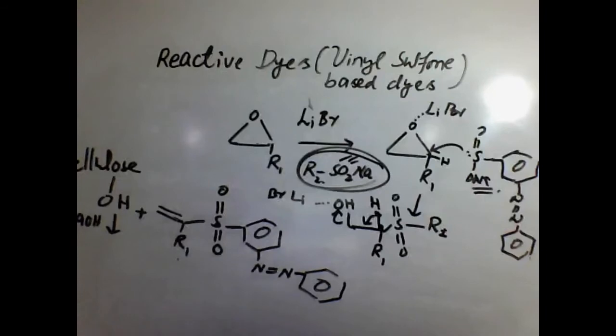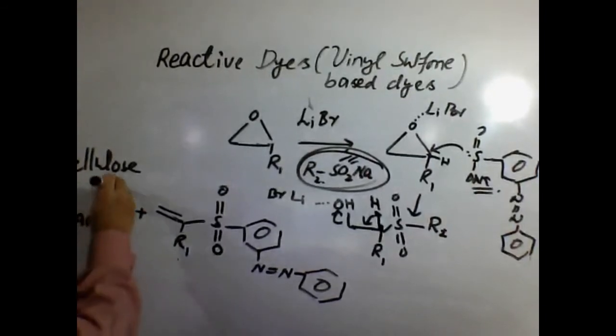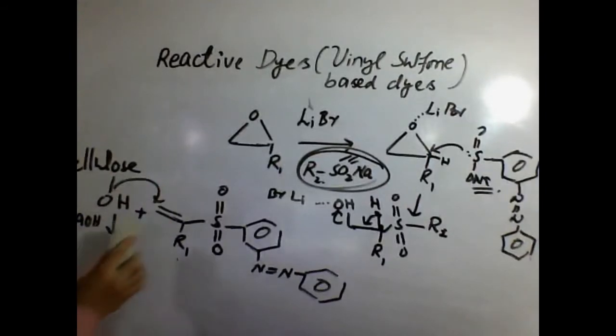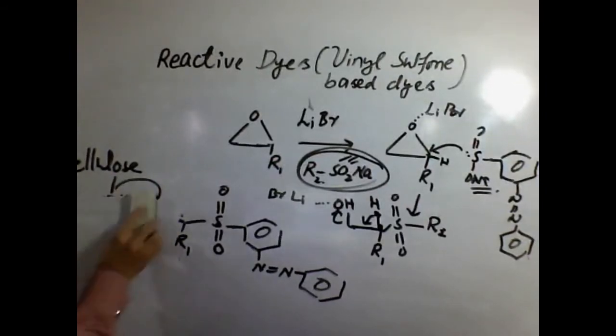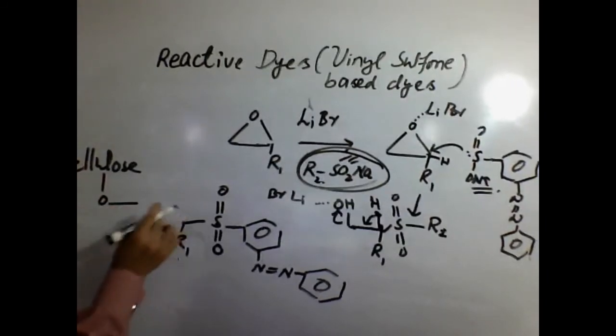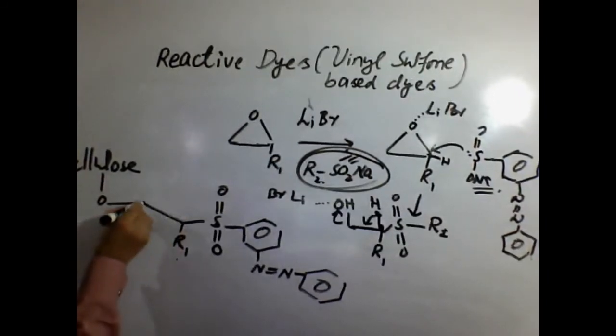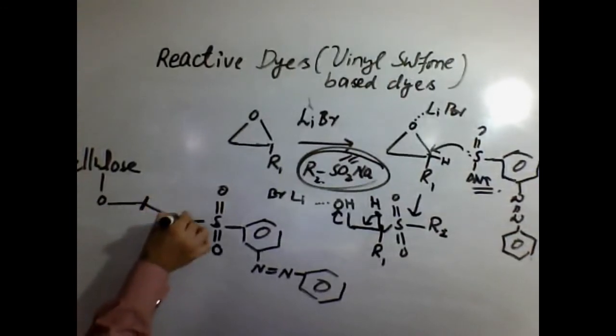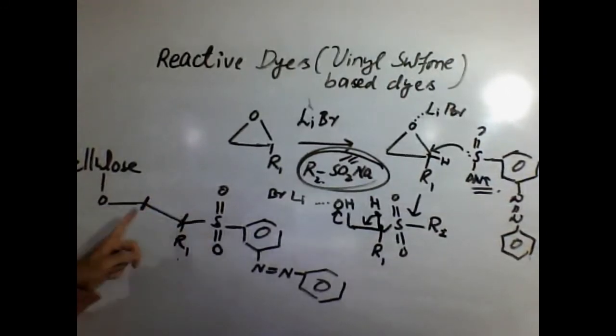So what happens really, I can draw at the same position, the reaction over here. You will have the product like this: the cellulose hydroxyl has attacked at the vinylic part. So it is C1, this will be the C2. It's a vinylic carbon. Vinylic functionality has reacted with the hydroxyl group of the cellulose.